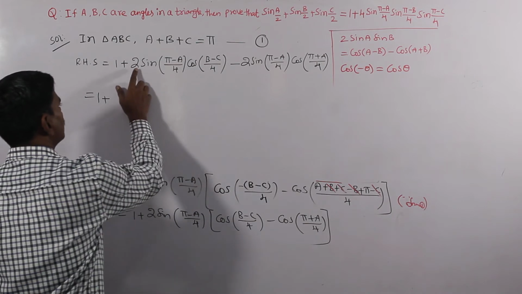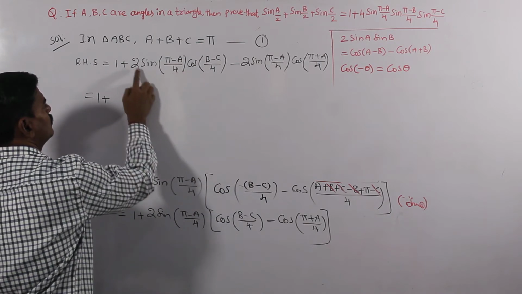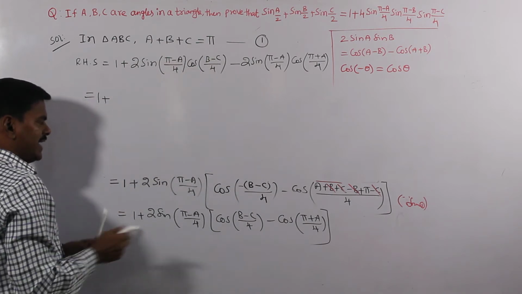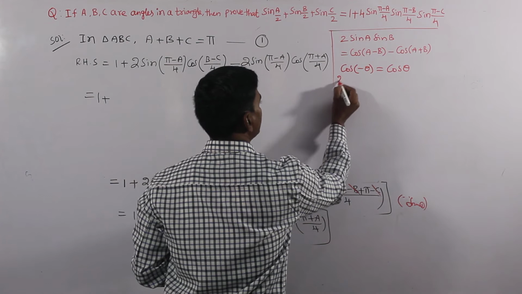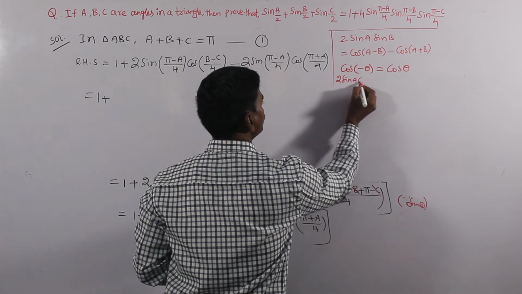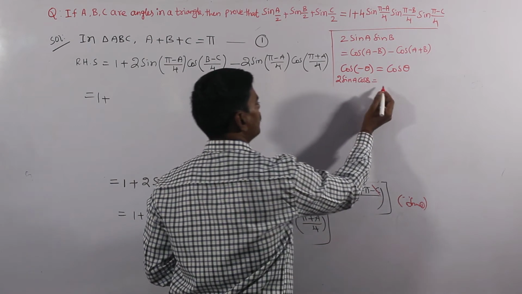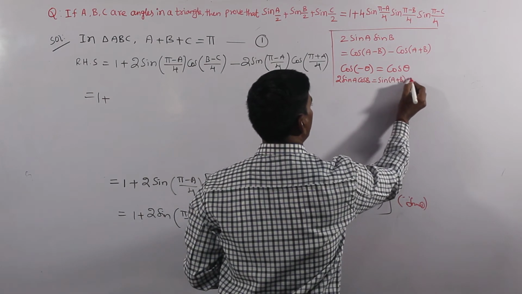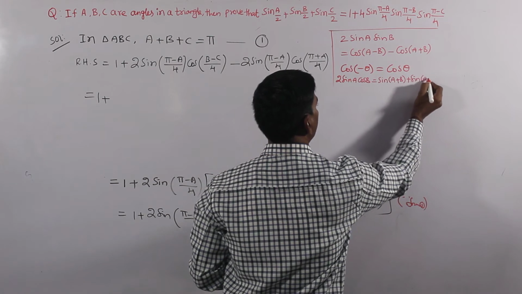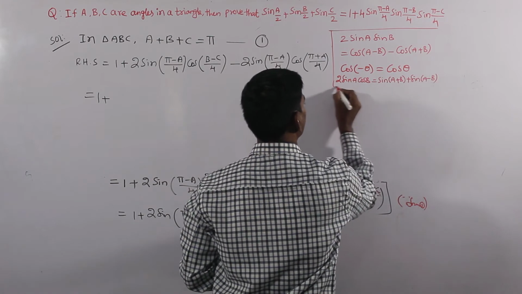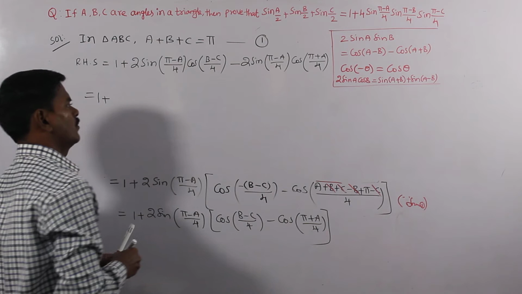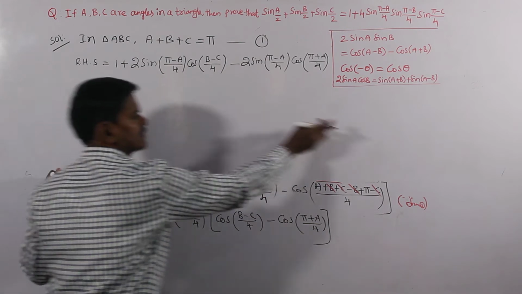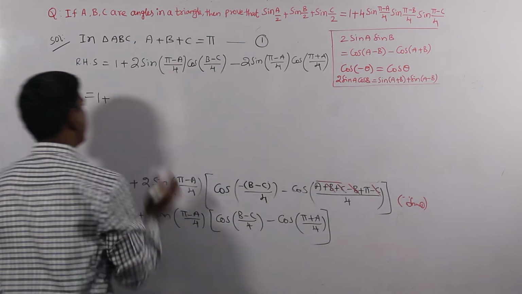Now this term is in the form of 2 sine a cos b. Let's recall the formula for 2 sine a cos b: sine of (a plus b) plus sine of (a minus b). So here we should apply 2 sine a cos b: sine of (a plus b) plus sine of (a minus b).